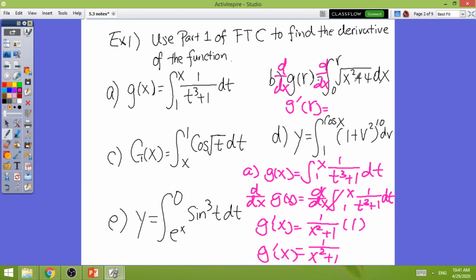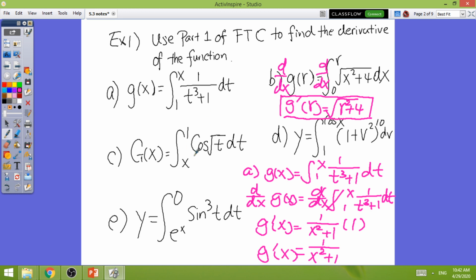Now we need to change the variable: instead of using x, we're using r. So it's going to be the same as the square root of the quantity r squared plus 4, and then times the derivative of r, which is 1. The derivative of 0 is nothing. So we multiply by 1, and it's just the same thing itself. This one is quite simple. It's not that difficult.